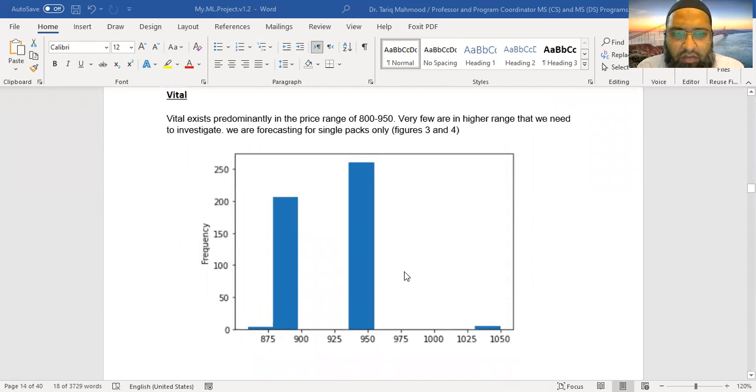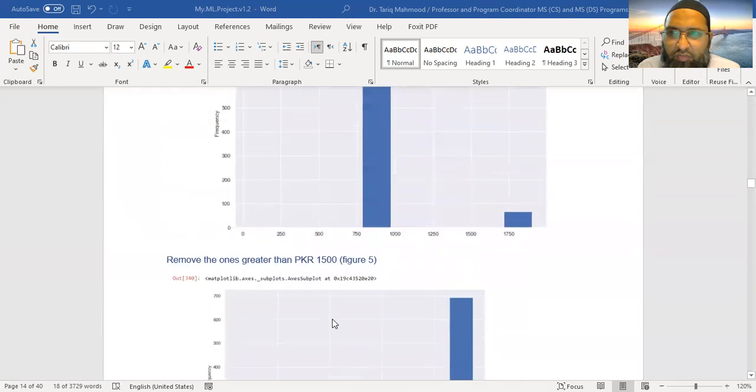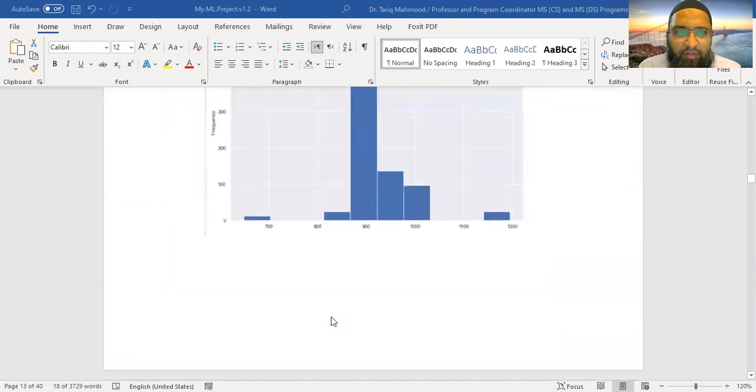For the Vital, it is more or less the same. We have one bar in the range of 800 to 900, and the other bar in the range of 925 to 950, so it's maybe 800 to 950, something like that. So we have two bars here, and mostly the prices occur in this range, which is also similar to what is happening in Tapal.